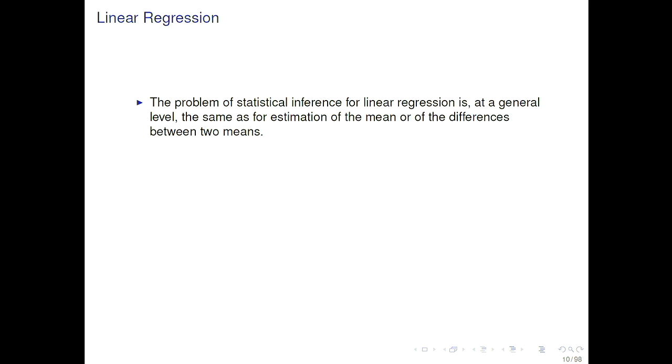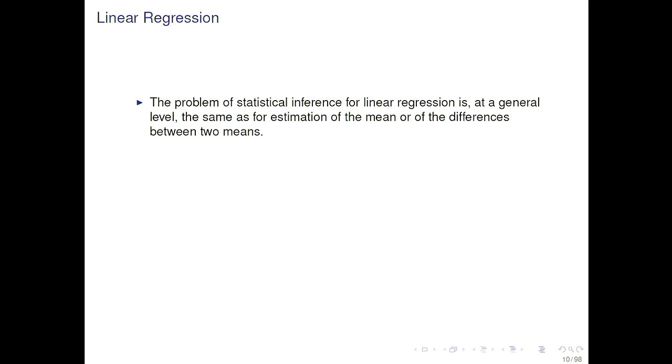So basically, the idea is very similar to the estimation of the difference between the means of two groups: average salary for high school graduates and average salary for university graduates. We want to see the difference between these two means. And the idea is just a simple generalization of this kind of mean difference estimation.